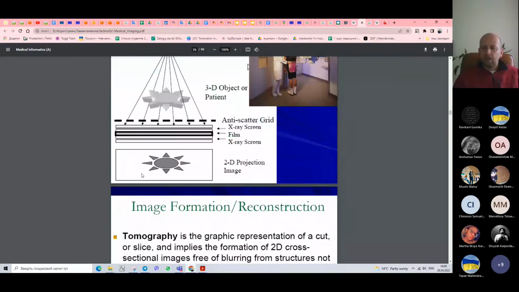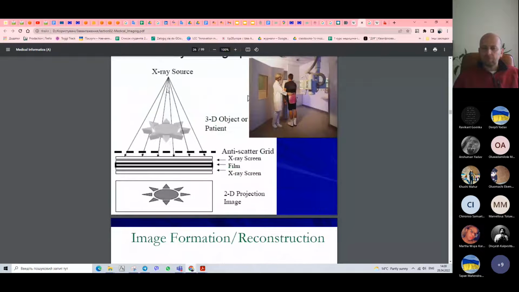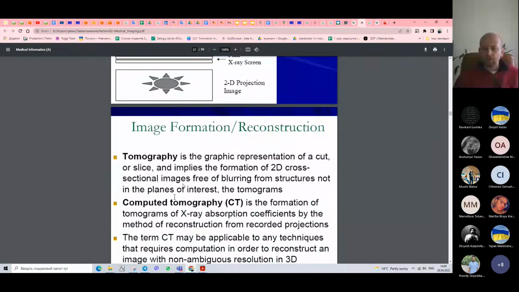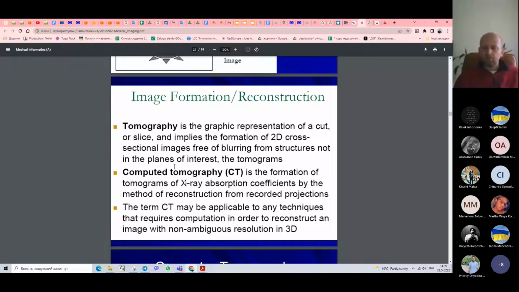After penetration, some films or sensors identify the amount of X-ray which comes in, and after some processing we can get the X-ray image. But to begin, we will talk about image formation.